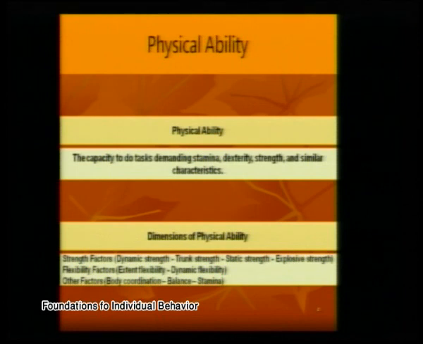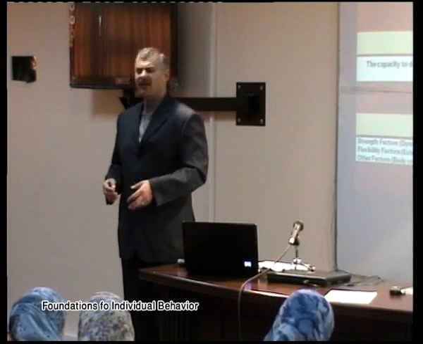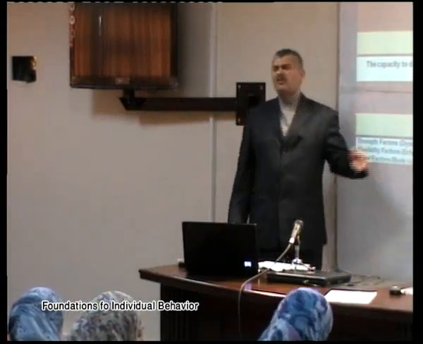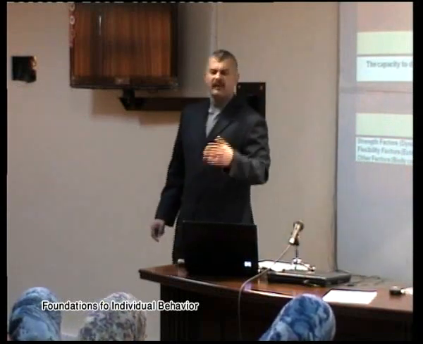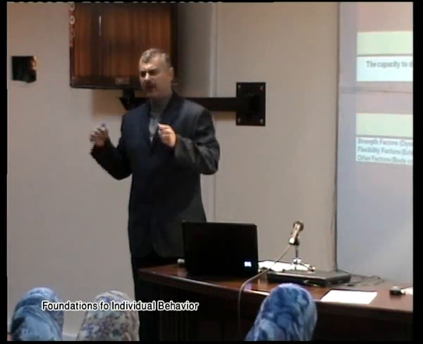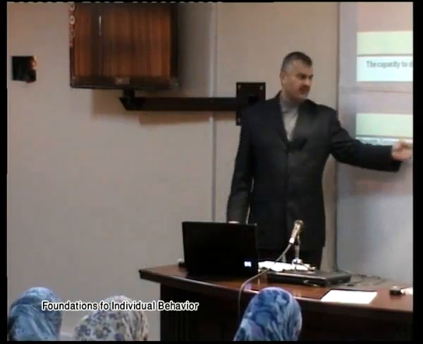Now when you talk about the strength factors, we are talking here about abilities which are related to muscular abilities. Like, for example, dynamic strength. When you talk about dynamic strength, we are talking about using muscles. Okay? Like lifting something, carrying something, moving something, for example. All those need dynamic strength.